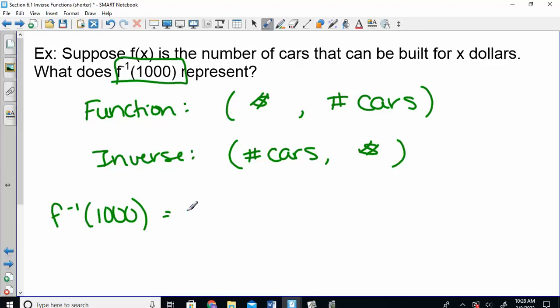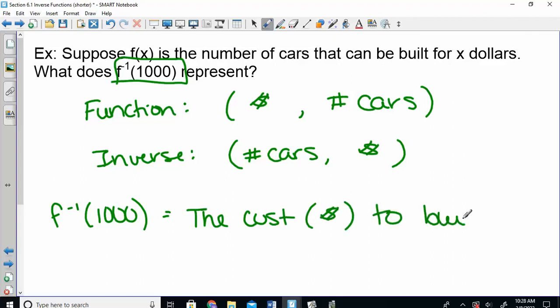So f inverse of 1,000 is the cost, or dollars, to build 1,000 cars. Okay, so just thinking about what those numbers represented in the original and flipping their order. Any questions there?